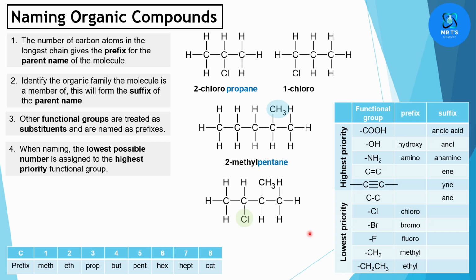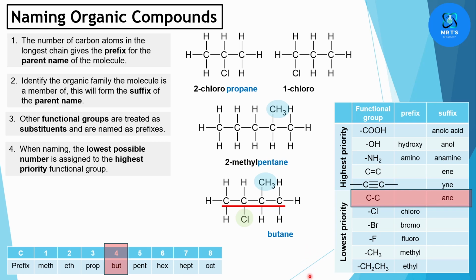I'll show you what I mean by that. So we have a chlorine and a methyl functional group with 4 carbons in a row, so it's going to be but. It doesn't have a specific functional group that changes its suffix, so it's going to be butane, right?